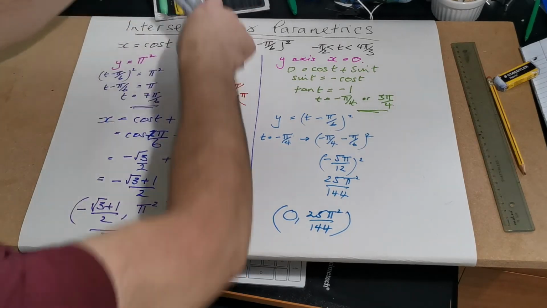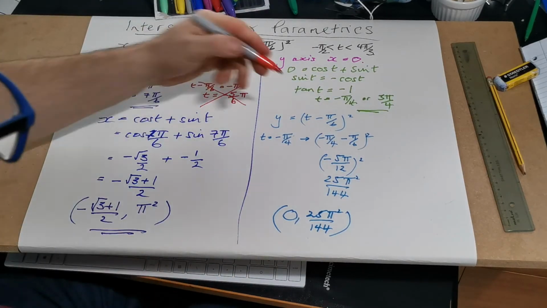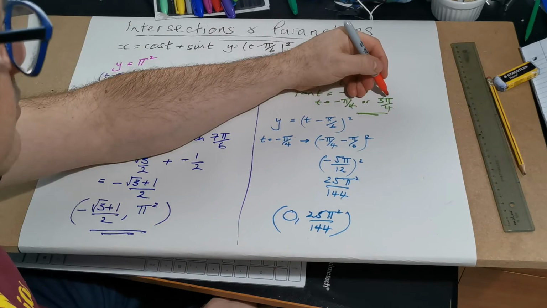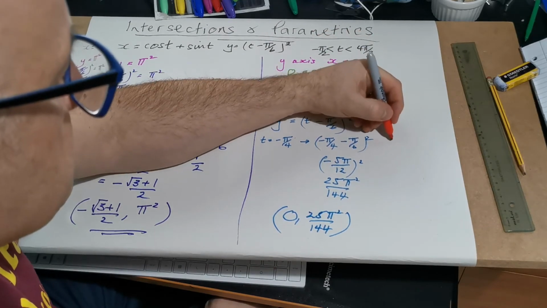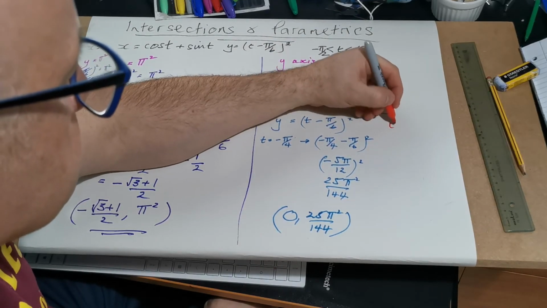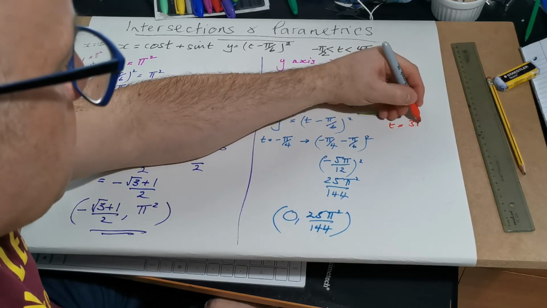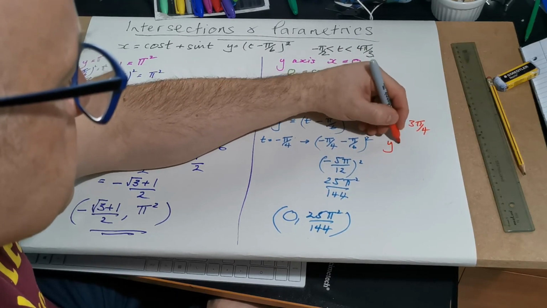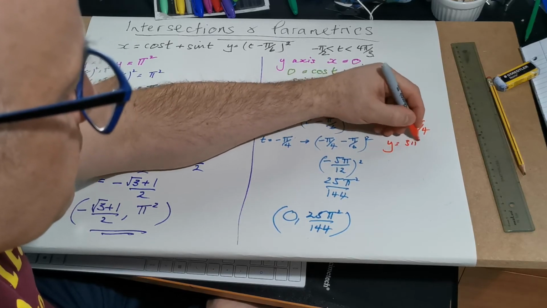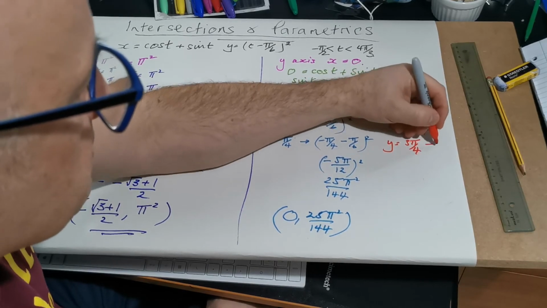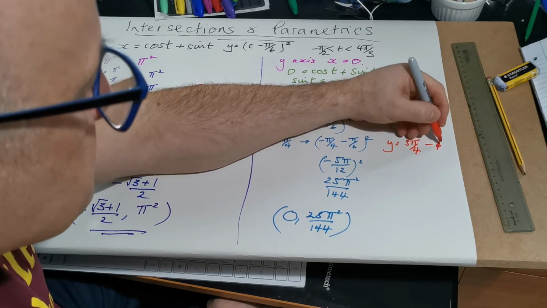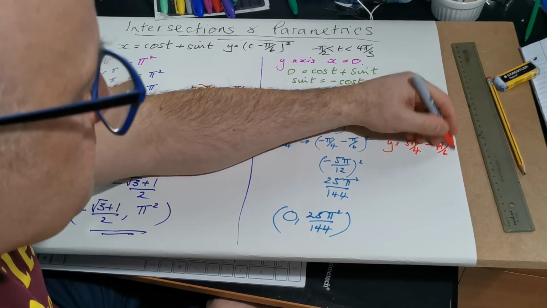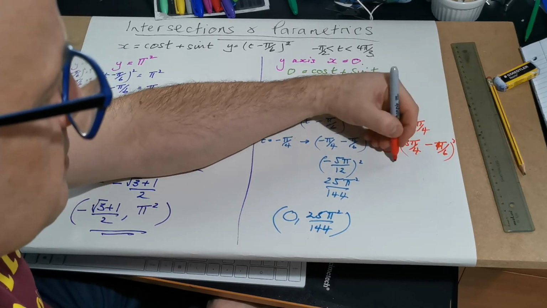Similarly, if I look at the second value of t, so t is equal to 3 pi by 4, I now have y is equal to (3 pi by 4 take away pi by 6) squared.